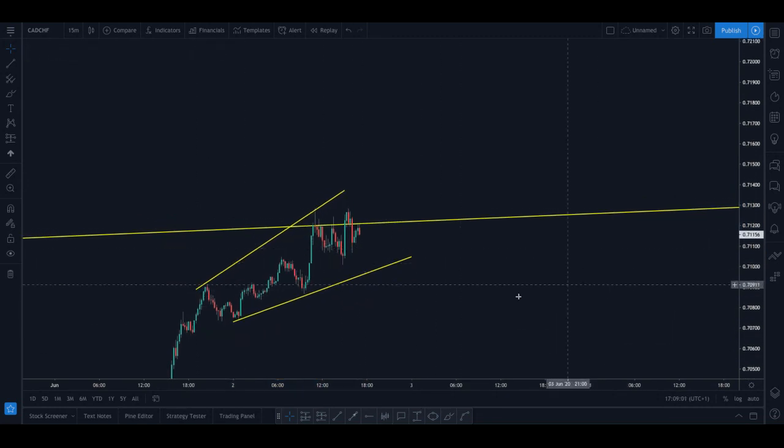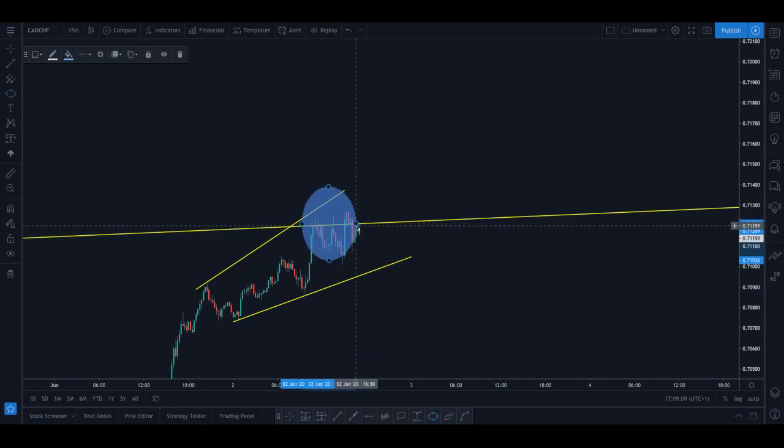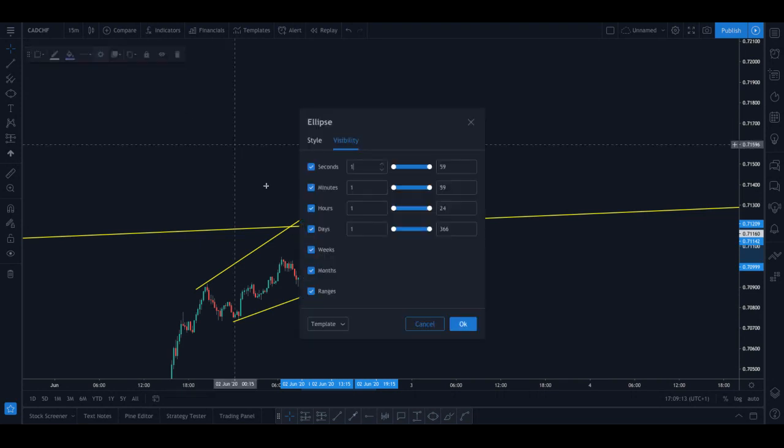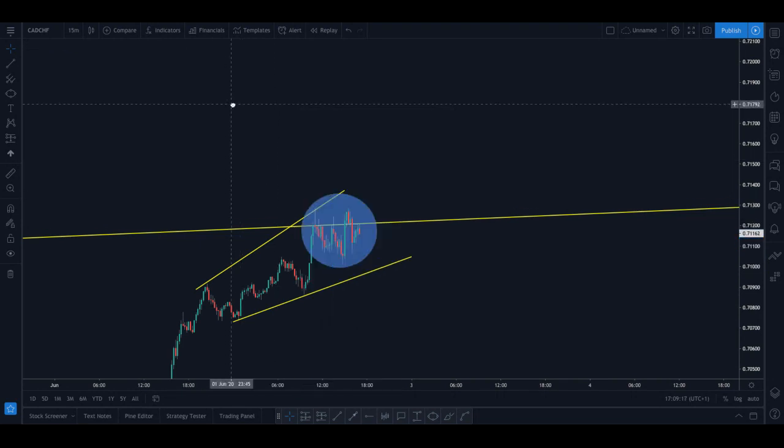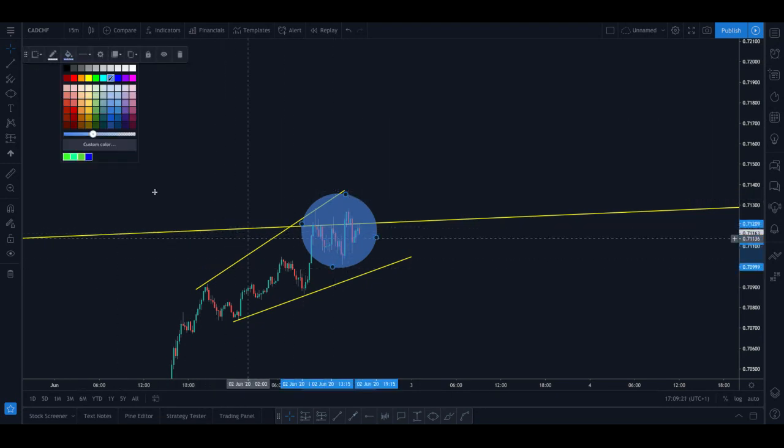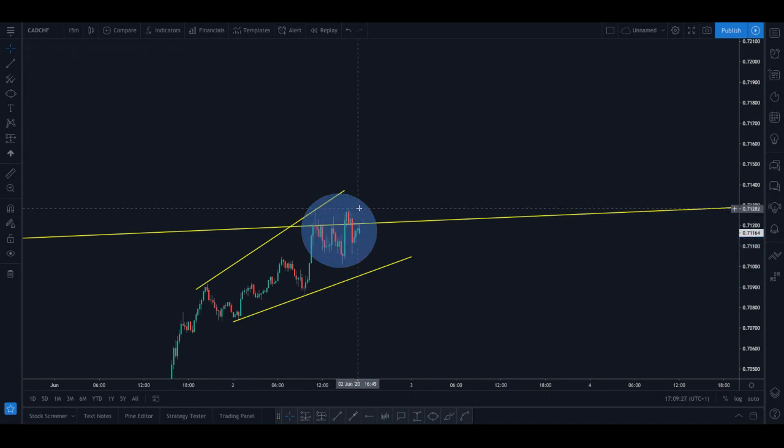And yeah, price is consolidating, as you can see here. Just make this bigger and change the color a little bit. Actually, I'll do it via here. Make this lighter shade so it's more visible.